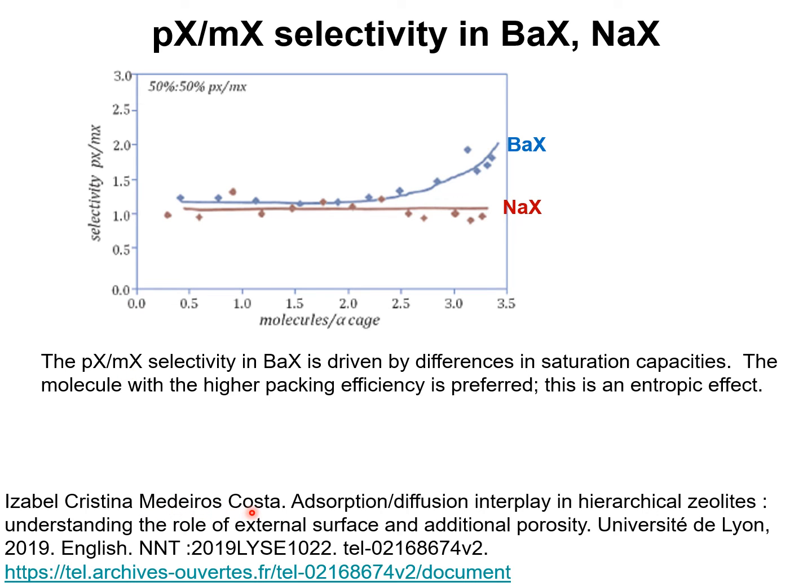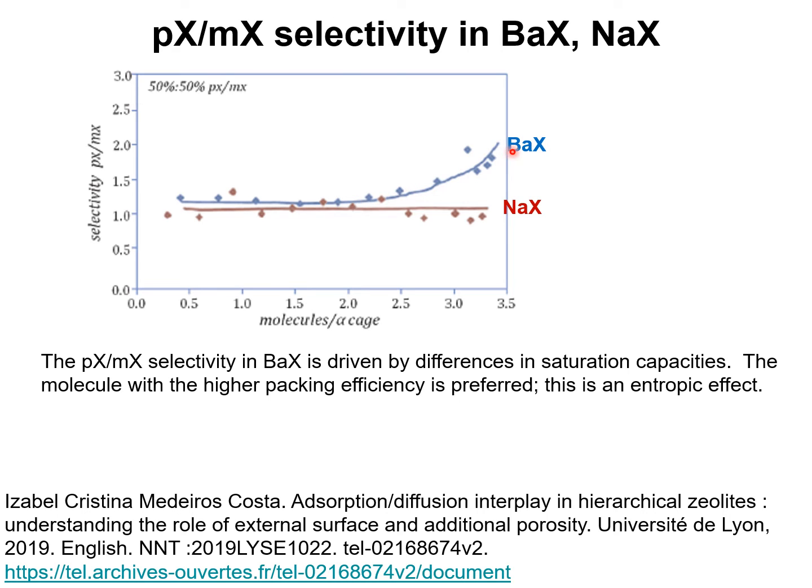The thesis of Costa contains an interesting and important graph showing the selectivity of paraxylene with respect to metaxylene as a function of the total loading per alpha kg of faujasite zeolites.